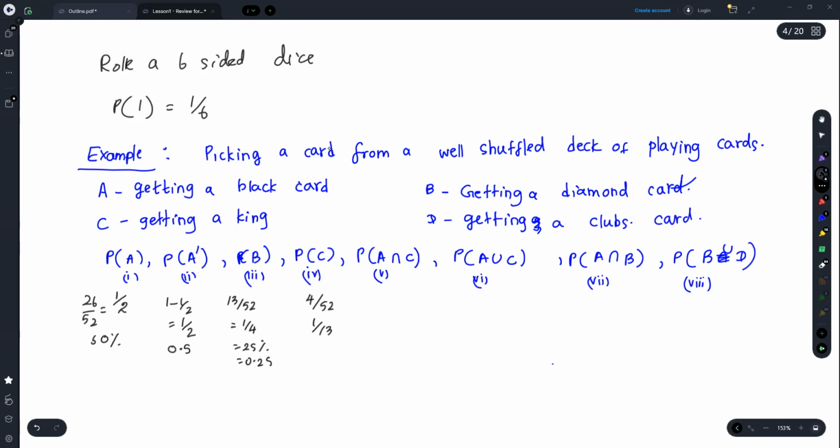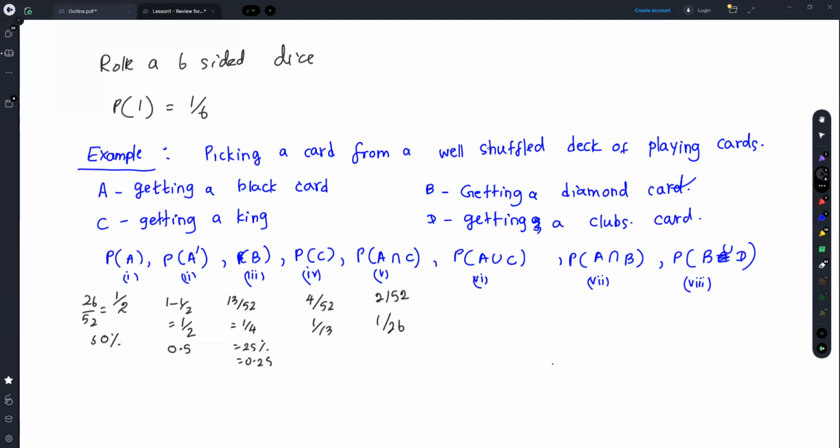Black kings, there are 2 out of 52, right? Why? The two kings are the spades king and the clubs king. Out of 52, you have only 2 cards where you have a black king, right? So that will be 2 over 52, or you can say 1 over 26, or in decimals.